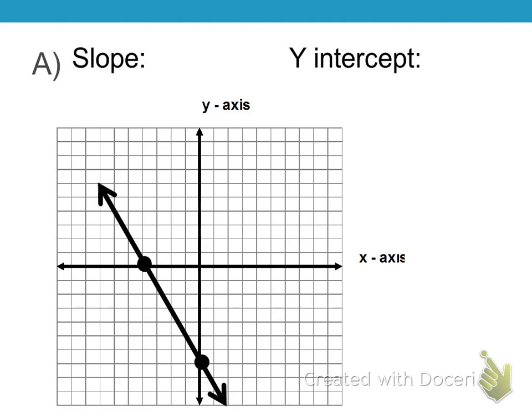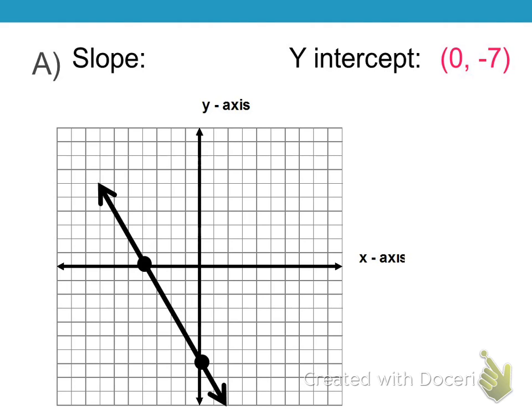The y-intercept is the easier one to find on this one. So what is the y-intercept? Negative 7. So my b is going to be negative 7. And remember, we write it as a point, so 0, negative 7.